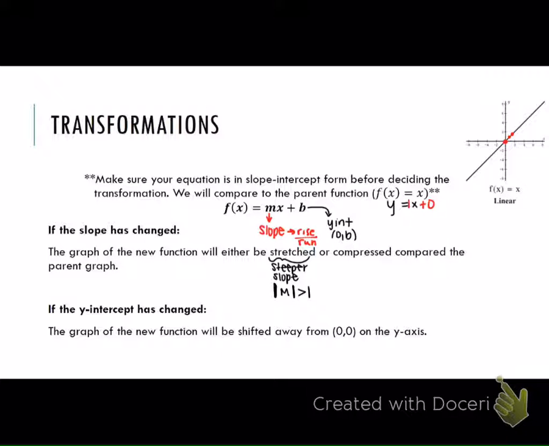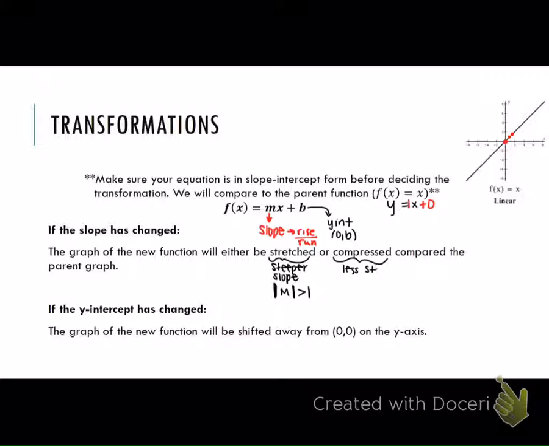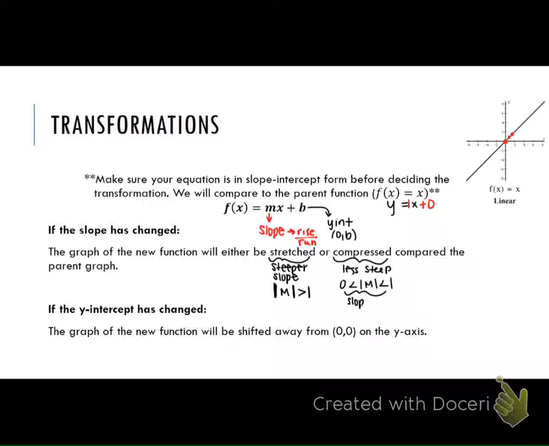So compression is like making it less steep. So it's less steep. Michael, I'll answer your question in a second. Let me just finish this thought. So less steep means that the absolute value of your number, m, your slope, is between 0 and 1. So this means slope is between 0 and 1. And that's absolute value.